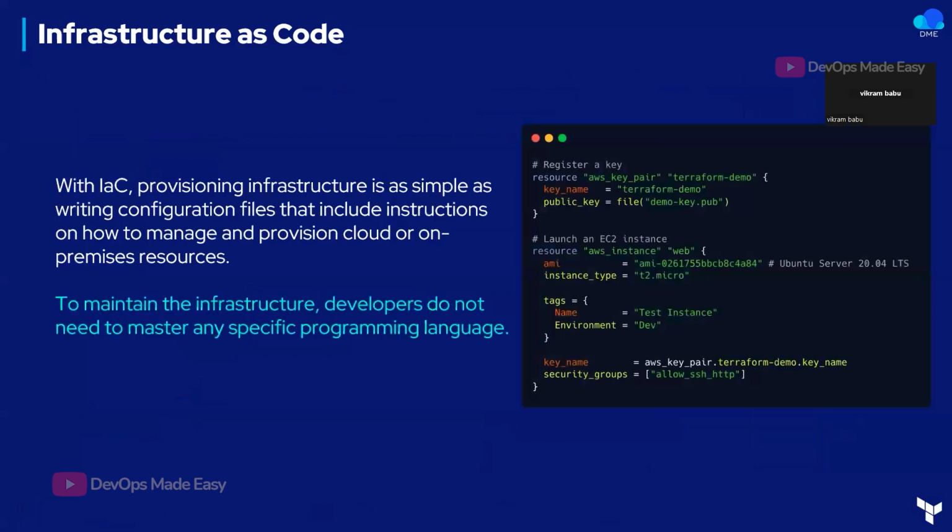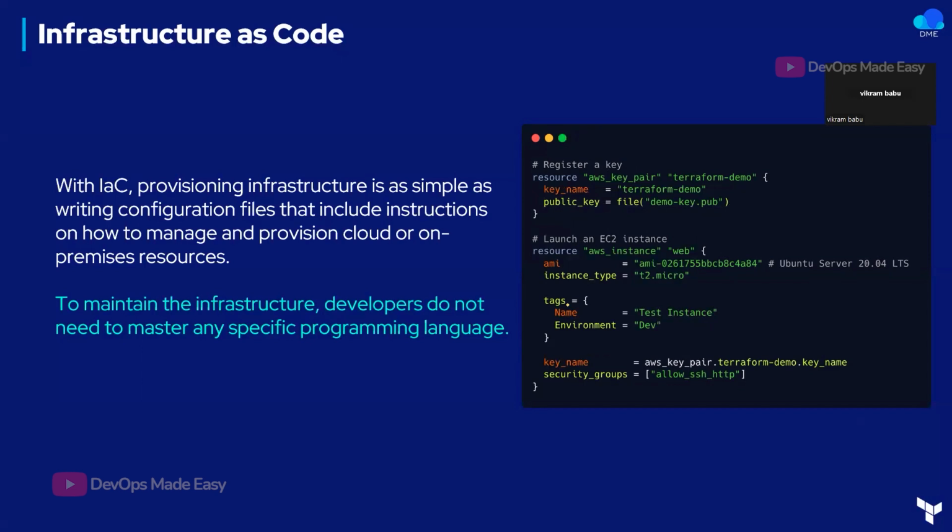So this is IaC. This is basically Terraform code that is creating two resources. One is an AWS key pair resource inside AWS, and also it is creating an AWS EC2 instance. Now you can see this is entirely Terraform code.